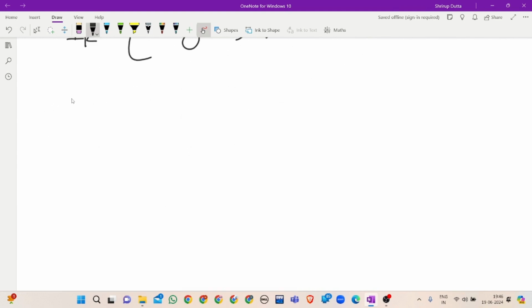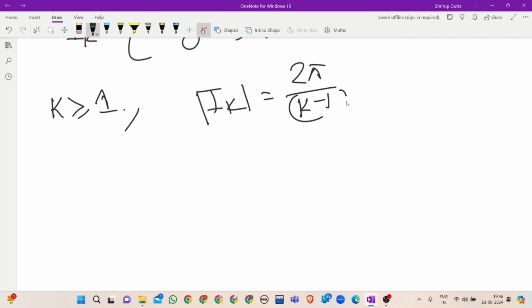I am verifying for k greater than or equal to 1, and for k less than or equal to 0 it is easy to verify. So for k greater than or equal to 1, we have modulus of I_k is 2 pi by k minus 1 factorial, and modulus of I_(k+1) is 2 pi by k factorial.